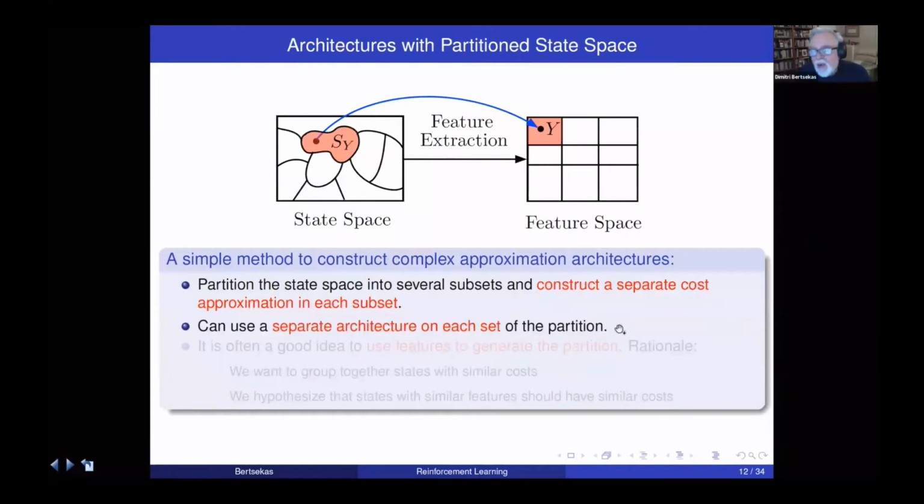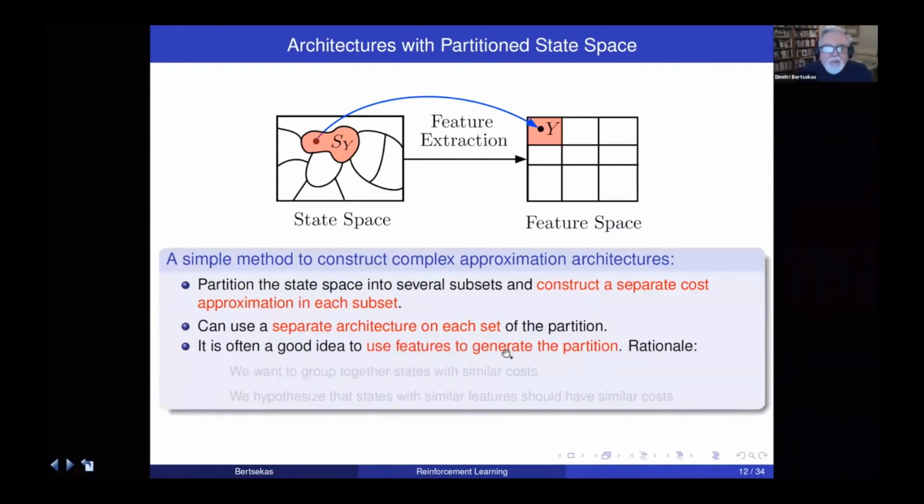But the point that I want to emphasize here is that it is possible to use a regular partition for the state space and approximate within each square of the grid, but that's not a good idea, generally speaking. Instead, it's a good idea to generate a partition by using features.